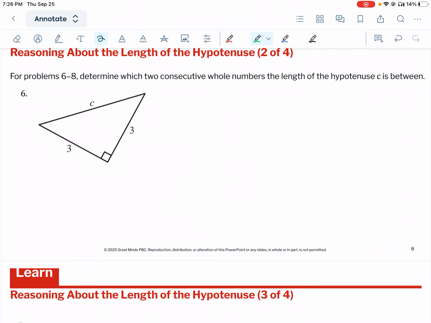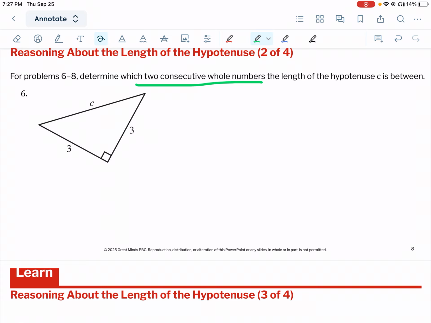It says for problem 6 through 8, determine which two consecutive whole numbers. Underline that. That means you have two answers. Which two consecutive whole numbers the length of the hypotenuse is between. So all we're going to do is identify where that will sit in between two perfect squares, the length of the hypotenuse.